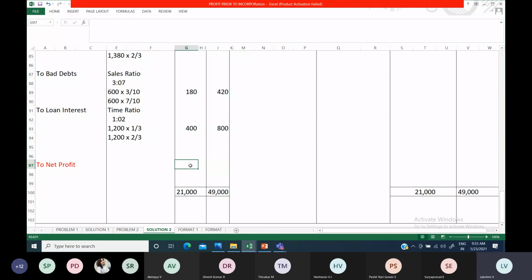So find out the difference amount and just tell me.